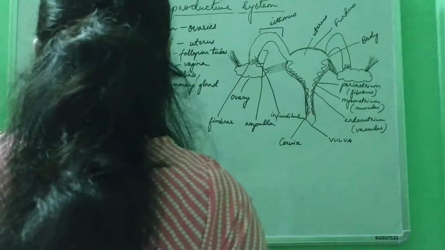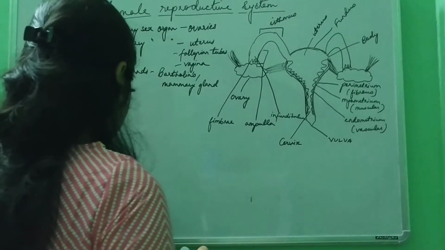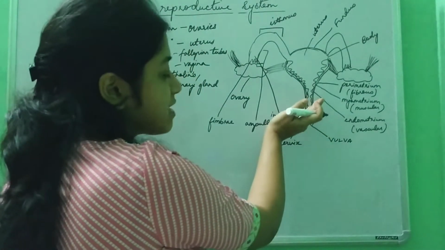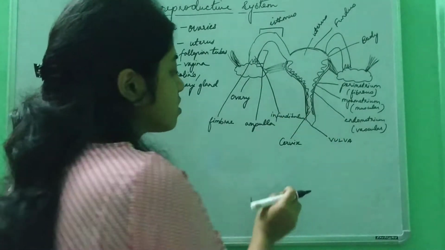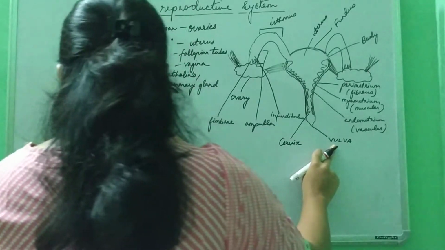The cervix also has an internal orifice, an internal opening, and an external opening, which you can see in your NCERT book also. Just know that this part is the cervix and the opening is known as the vulva.